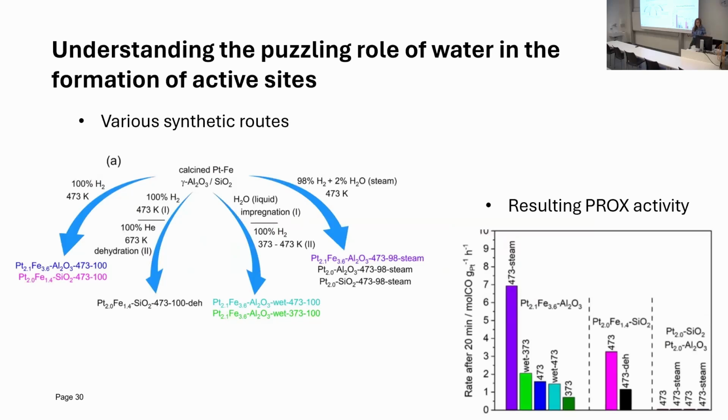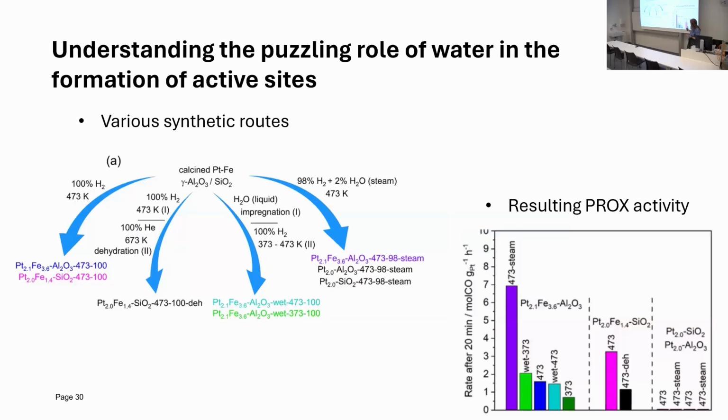Later we also looked at the role of water in the formation of the active site, and this is also a very interesting part. When the catalyst is initially wet with liquid water, like impregnated with water, or activated in hydrogen with steam, you can make an even more active catalyst.